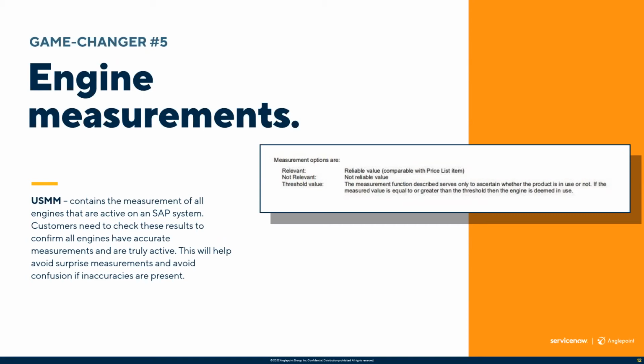So just make sure that as you go through the USMM, you pay attention to the engines, try to find any engines that are inaccurate or new to this version, and compare that against your entitlements to make sure that there's no compliance issues. ServiceNow does very similar work here as well.